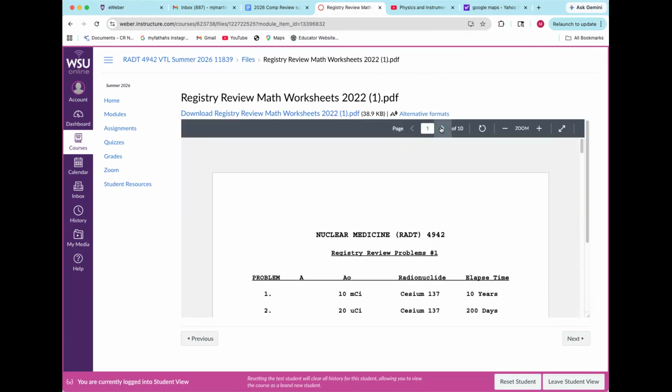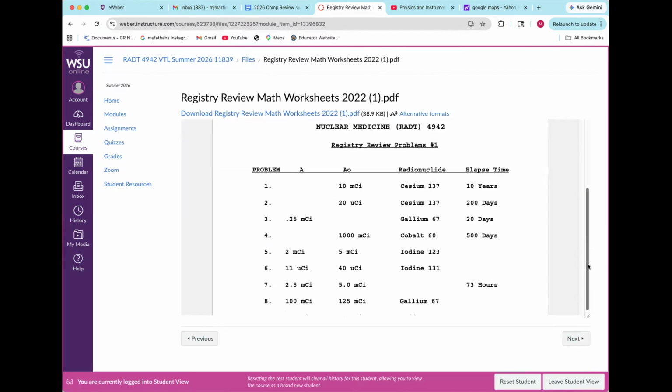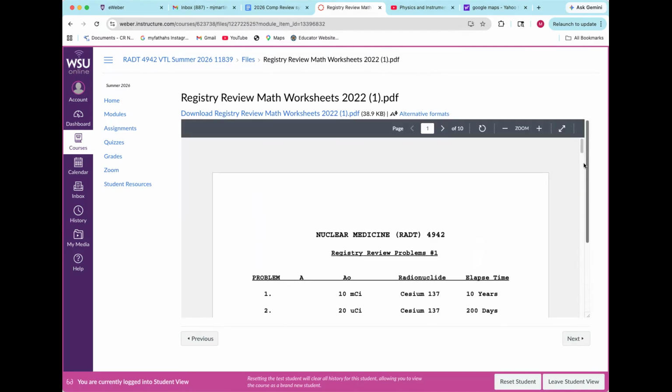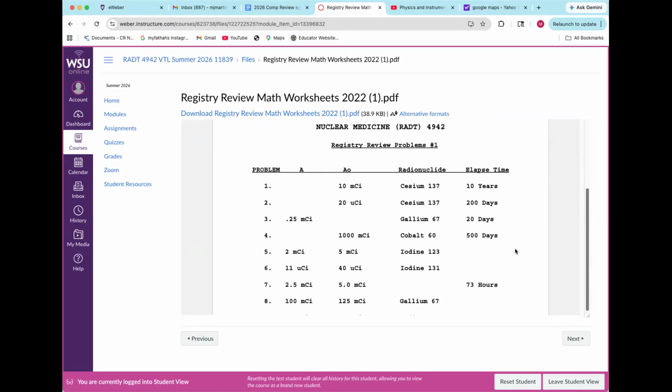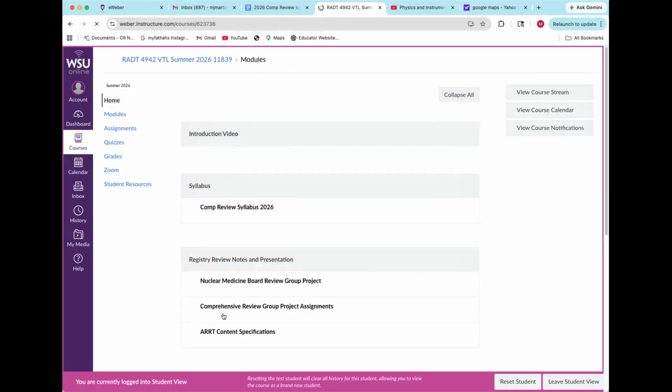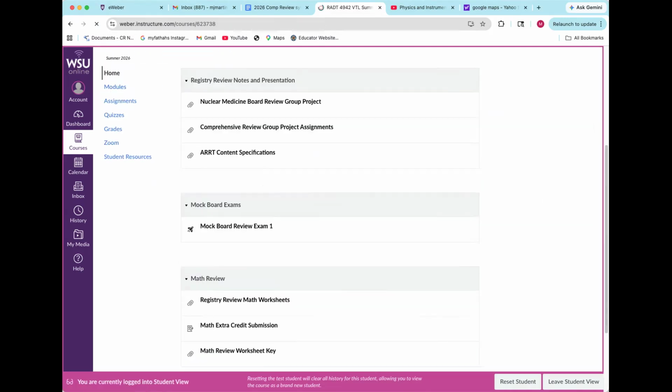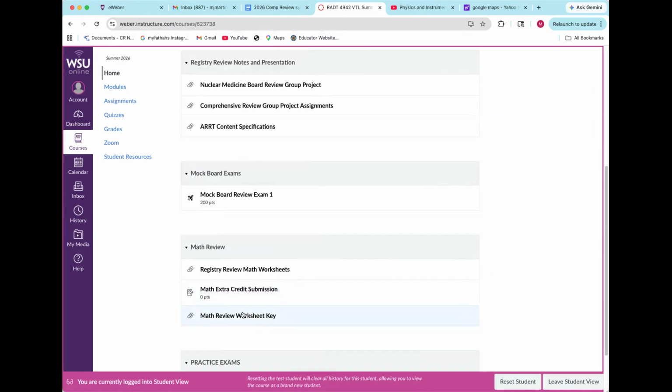It has pages, that's why. So I've got 10 worksheets in here. For every worksheet you do, you'll get extra credit. So there are the worksheets there. And then I have the answer guide also under that same module. So there's a review key worksheet. That worksheet key has the answers to all the questions, so you can look those up.